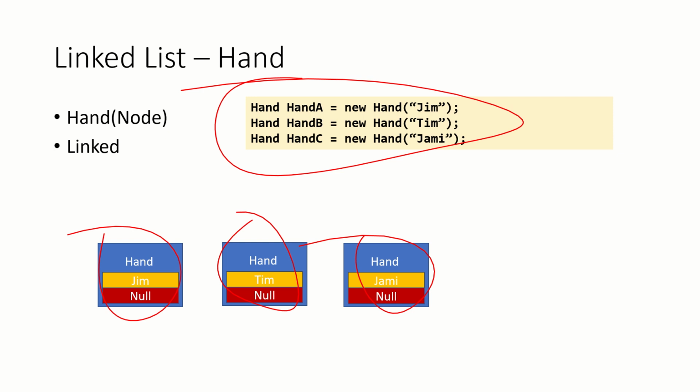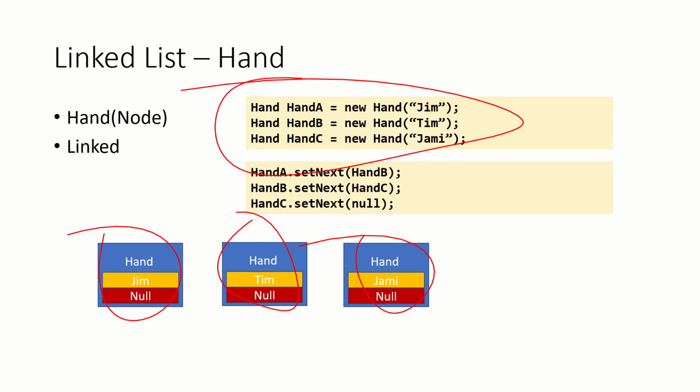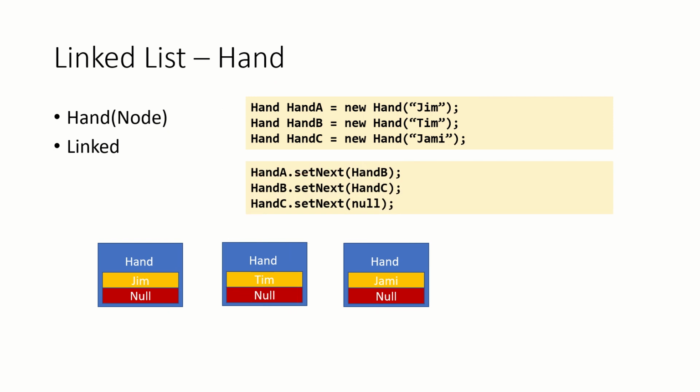Which method should we use? We should use set next, right? Because set next will tell this object which hand it should link.